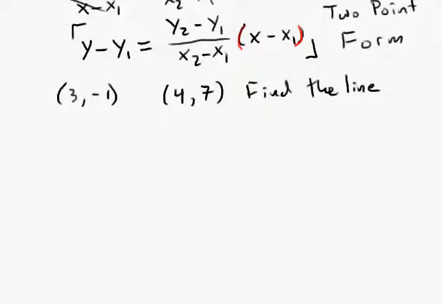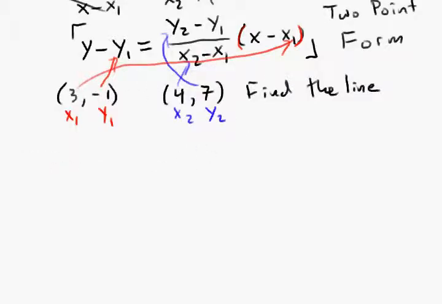And to do that, we're just going to plug in the values. So this is our first x point. This is our first y point. This is the second x point, this is the second y point. And they're just going to go in their respective spots up in this equation.